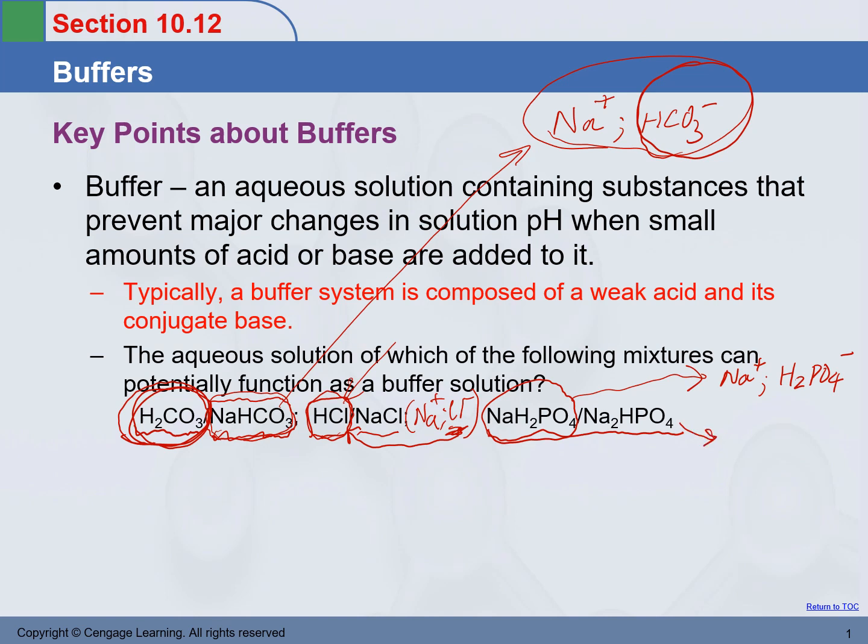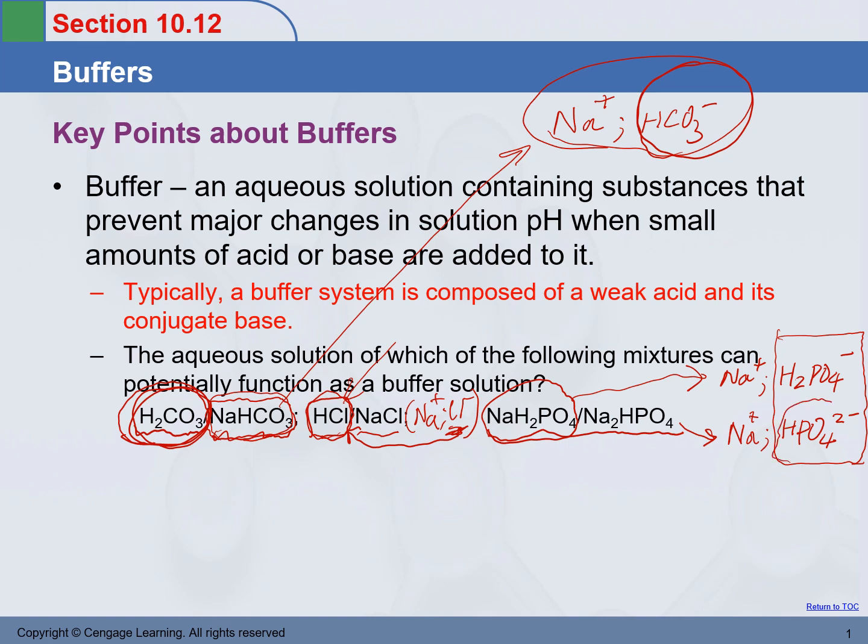Sodium hydrogen phosphate, if you dissolve it in water, you have sodium ions and hydrogen phosphate. Although all of these are ions, this pair does make a weak acid and its conjugate base.